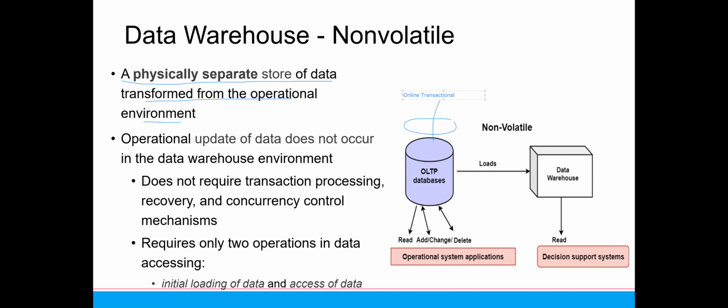We call this online. It is for the transactional data, or the operational data, but it should be separated from the data warehouse. Operational update of data does not occur in the data warehouse.